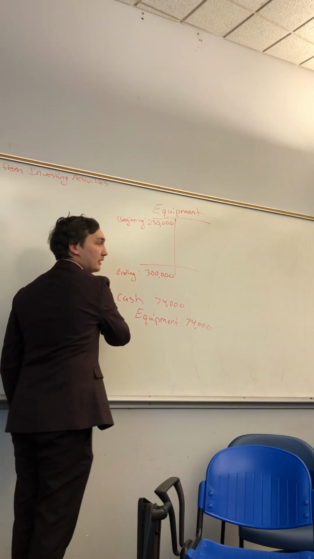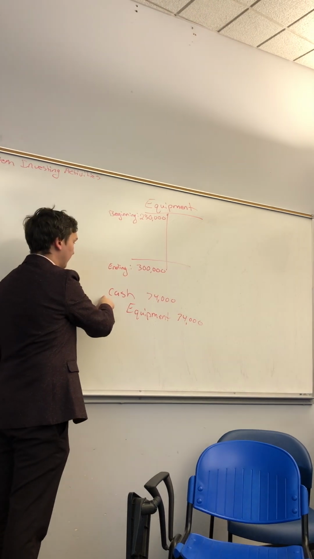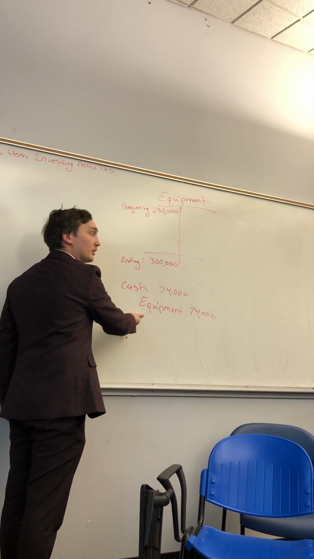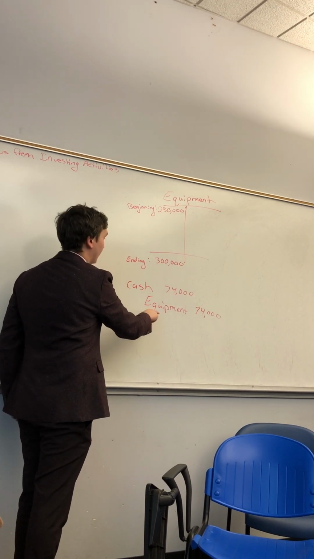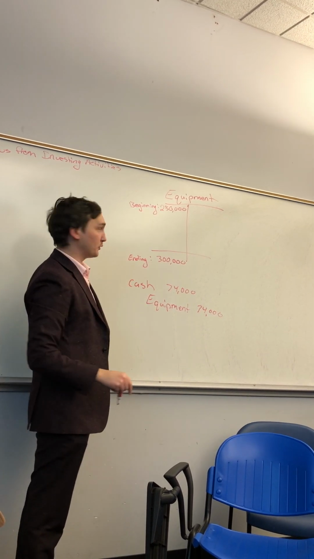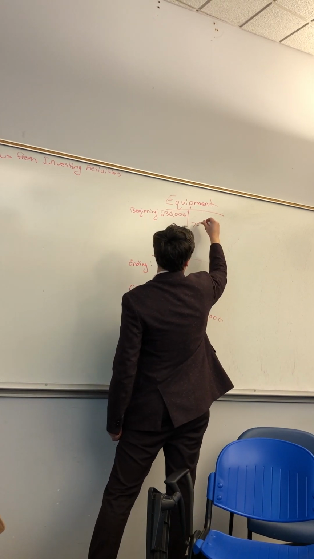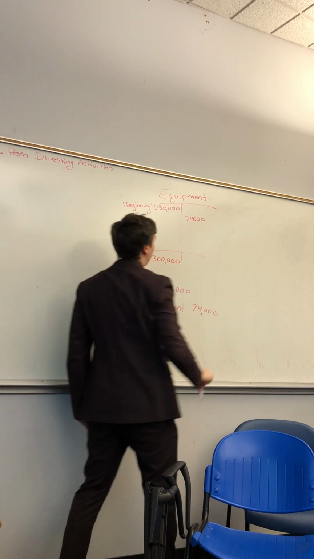Cash is increasing, it's an asset, so we debit it. Equipment, it's an asset, we're selling it, so we're removing it from our book value at $74,000. If we sold it for $74,000, then we would put the credit here.